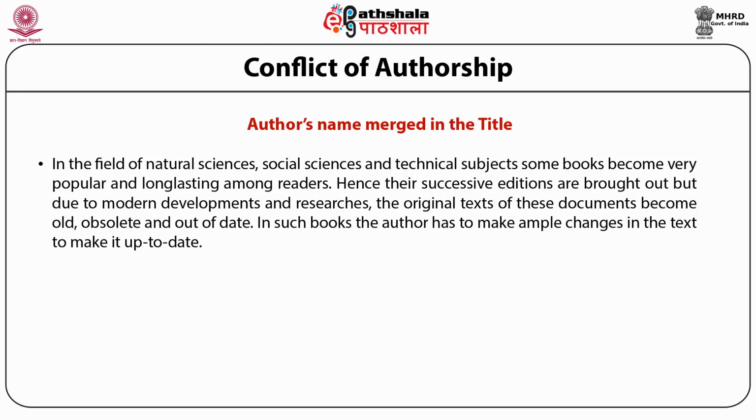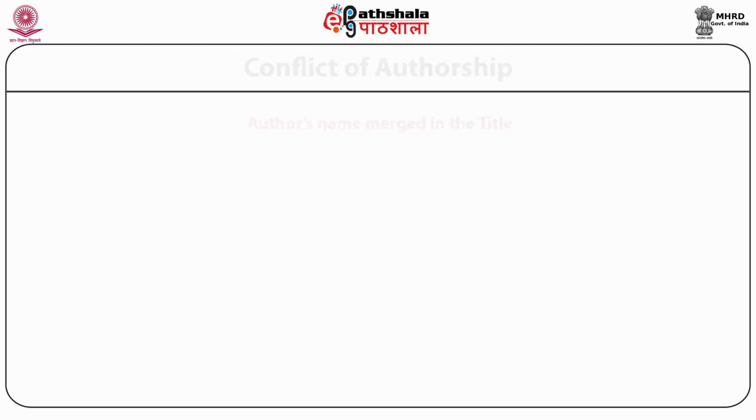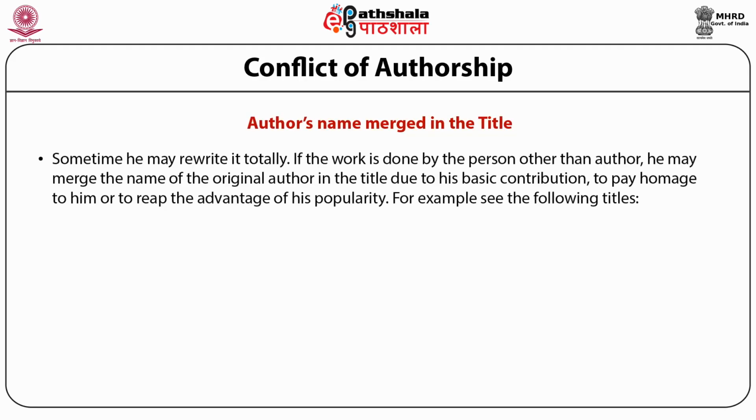In such books, the author has to make ample changes in the text to make it up to date. Sometimes he may rewrite it totally. If the work is done by a person other than the author, he may merge the name of the original author in the title due to his basic contribution, to pay homage to him or to reap the advantage of his popularity.